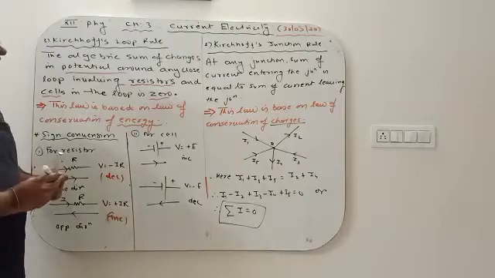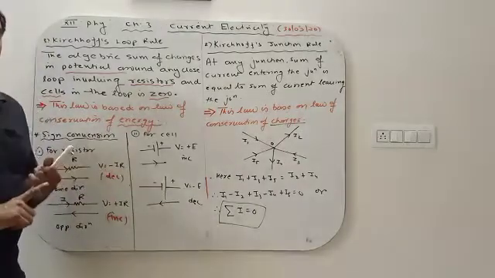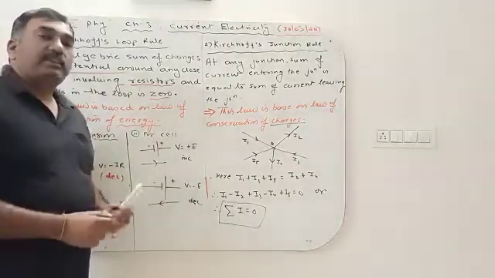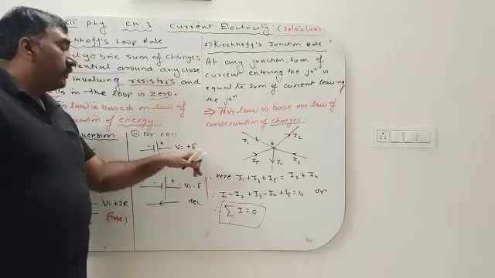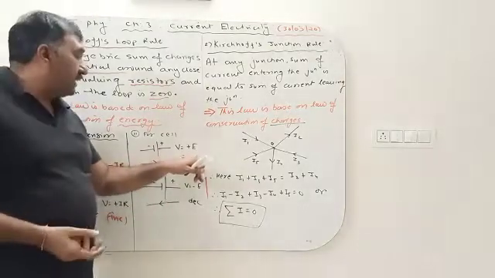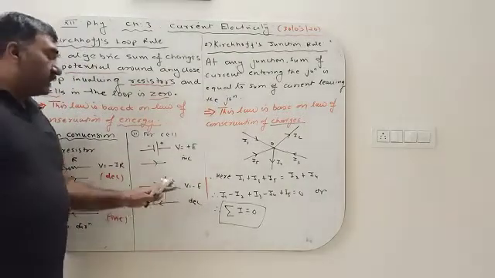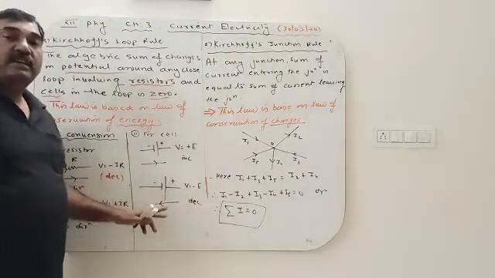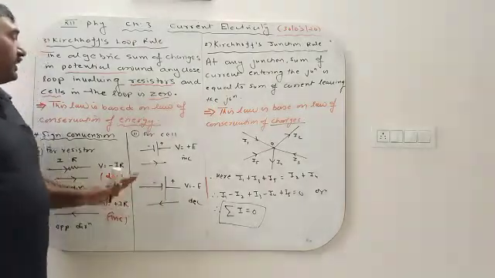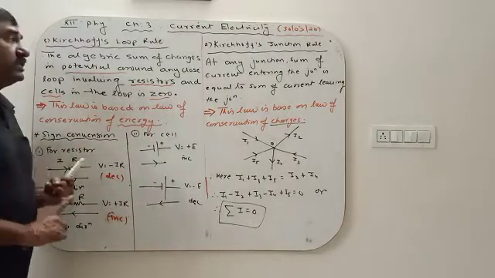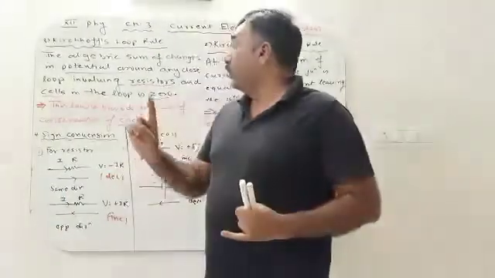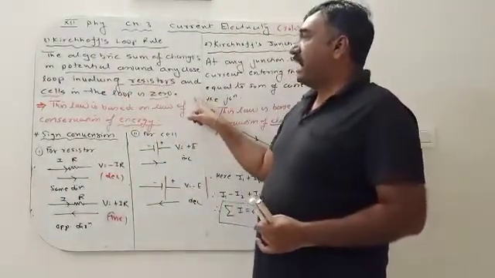Similarly, we are talking about the cell. When you pass through the cell from negative terminal to positive terminal, unit positive charge gains energy. So V is equal to plus E, where E is the EMF of the cell. When moving from positive to negative terminal, its potential decreases. So I again repeat: Kirchhoff loop rule says the algebraic sum of change in potential around any closed loop involving resistor and cell is 0.